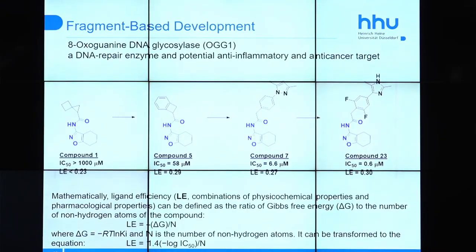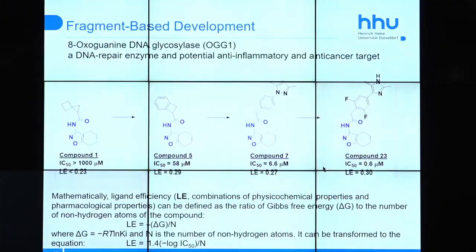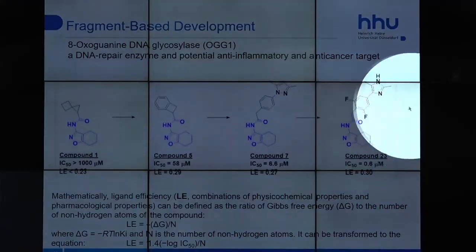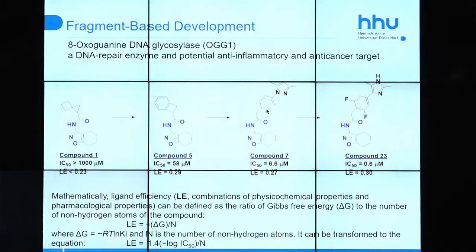And here, with the ligand efficiency, you can clearly see there's not such a big difference between the different compounds. It is an advantage, and then at the end you have to see whether it makes sense to go into these compounds, or maybe make some smaller variations here and stay with some other structural elements.